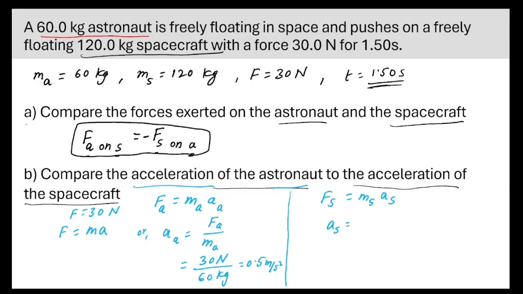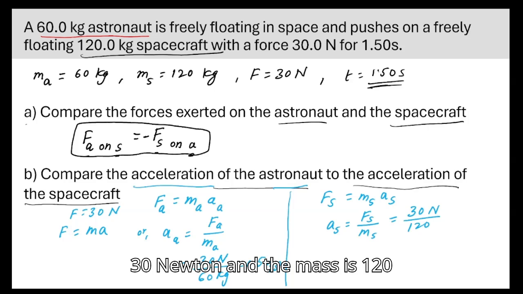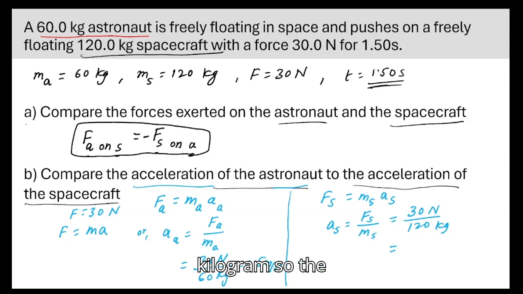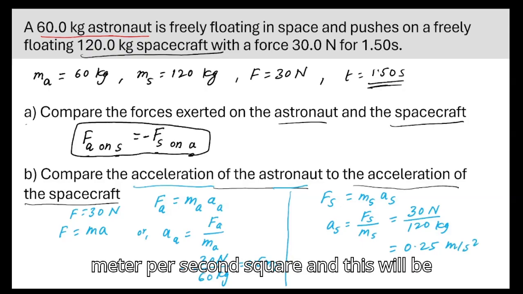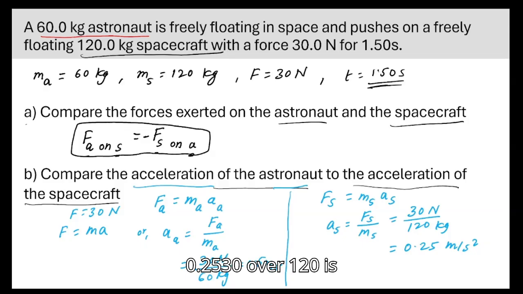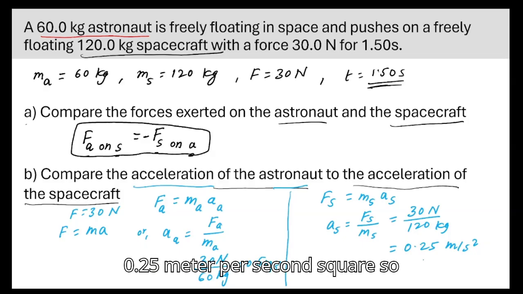If we isolate acceleration, this will be force over mass; both astronaut and the spacecraft felt the same force, 30 Newton, and the mass is 120 kilogram. So the acceleration is 0.25 meter per second square. 30 over 120 is 0.25 meter per second square.